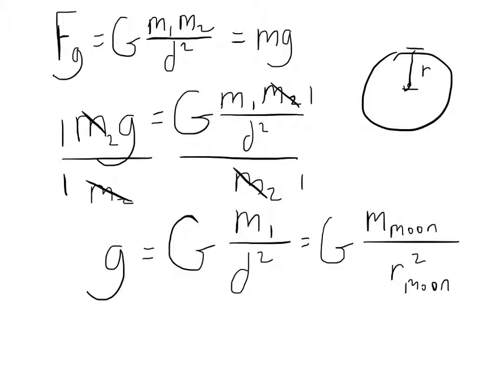That will give me a value of g that anytime now I look at any other object on the moon, I don't need to go through the whole big equation to find out the gravitational force acting on it. I can just use m times g.